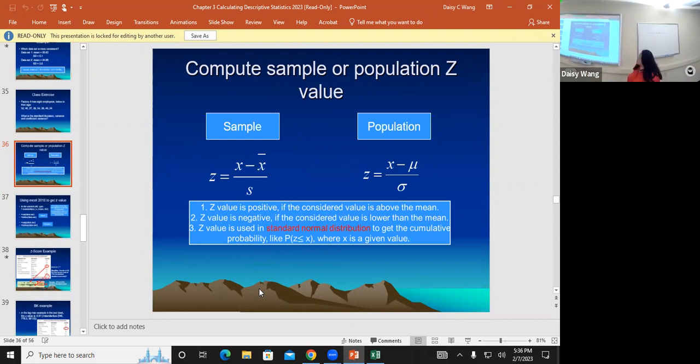That's the z value. For the population, we just replace x bar with mu, divided by sigma. S and sigma are the same idea. So we can calculate the z when we use a normal distribution.